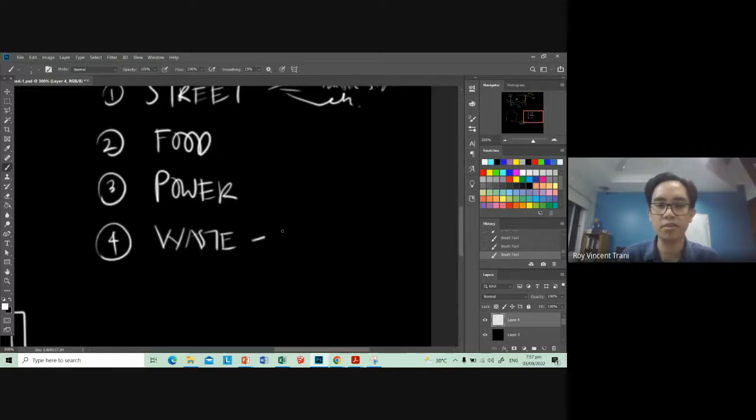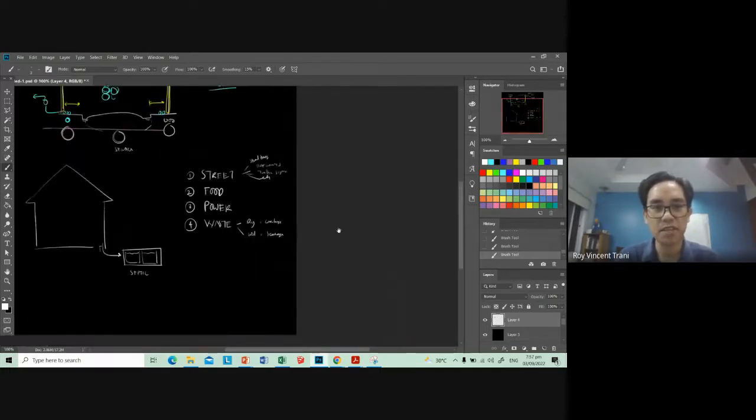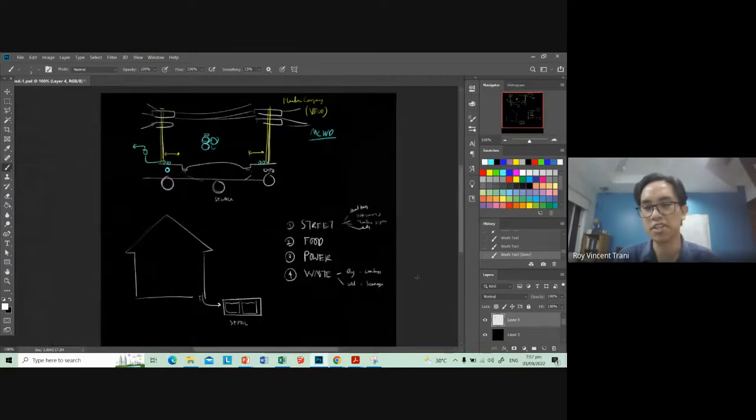Waste is divided into solid, equal to garbage. And then I'll just call it dry and wet. That is our sewage. Okay, so that's basically a simplified version of the systems within a city, barangay, or municipality.